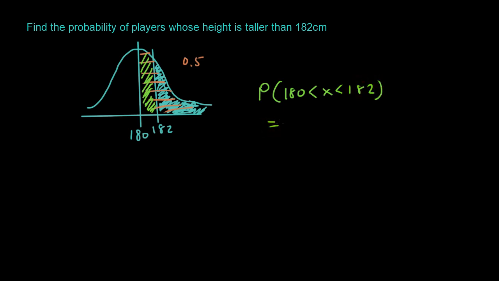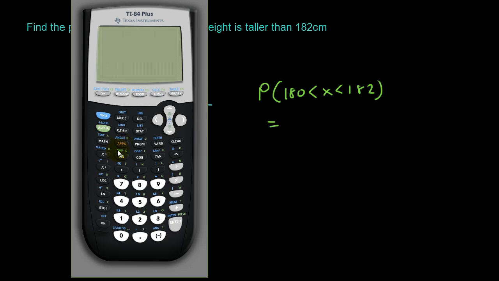Let's look that up on our calculator. So let's turn it on and go to second VARS, normal CDF, and put in 180 to 182. The answer is 0.07925.